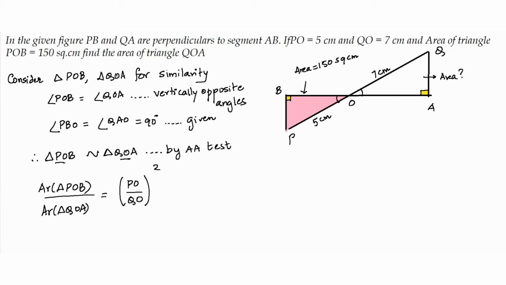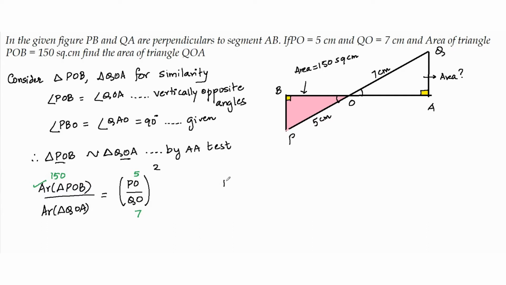Let us now see what all we have. We have the area of triangle POB, that is 150. We know the value of PO is 5 and the value of QO is 7. So now I can definitely find the area of triangle QOA.